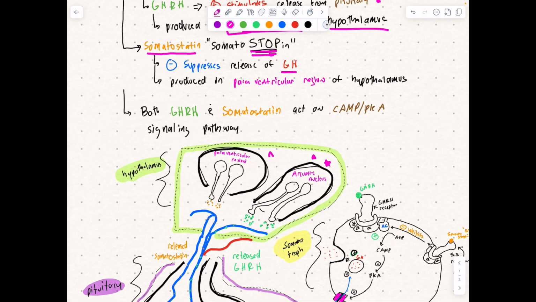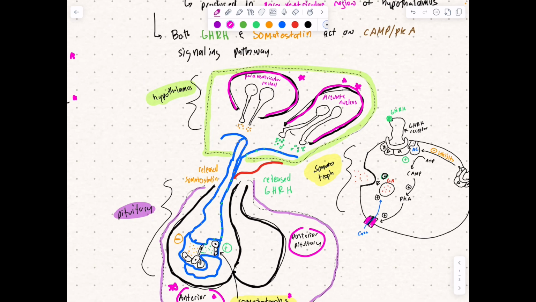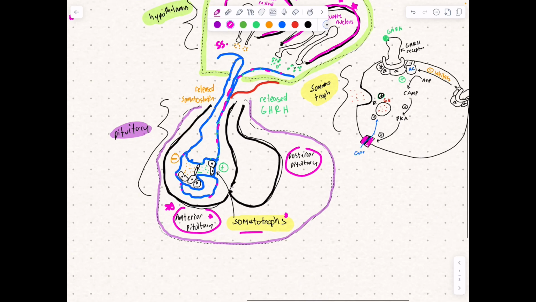Instead, it's produced in the paraventricular region. The paraventricular region and the arcuate nucleus release somatostatin, SS, and growth hormone releasing hormone into the portal system, and that takes them to the somatotropes in the anterior pituitary.